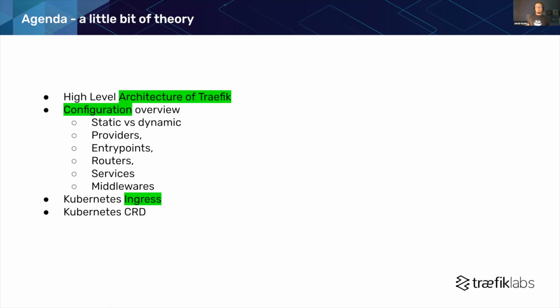I will mention that a little bit later. Then we'll focus on what the Ingress in Kubernetes is, how we implemented Kubernetes Ingress, and why we implemented Kubernetes IngressRoute. That is a CRD, maybe a little more complex, but still I will try to explain everything.